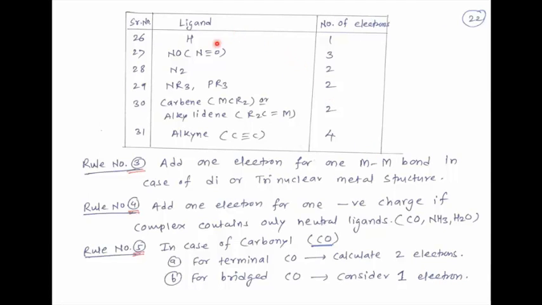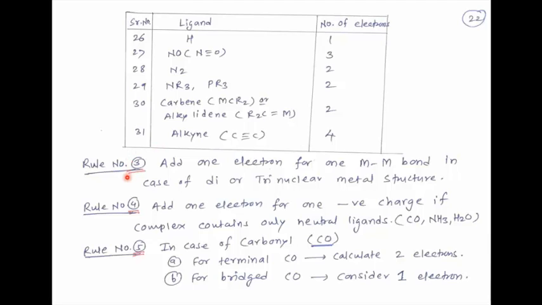Hydrogen 1 electron, nitric oxide 3 electrons, nitrogen molecule 2 electrons, NR3 and PR3 2 electrons, carbene or alkylidene 2 electrons, alkyne 4 electrons. So with the help of these numbers of electrons, we can calculate the 18 electron rule.